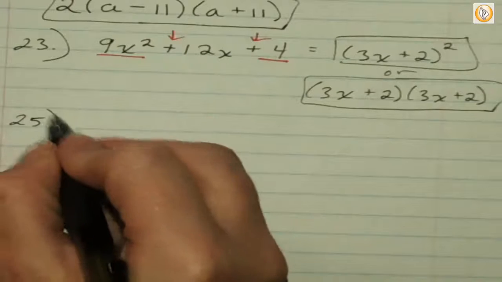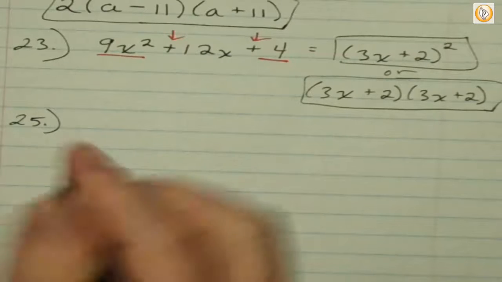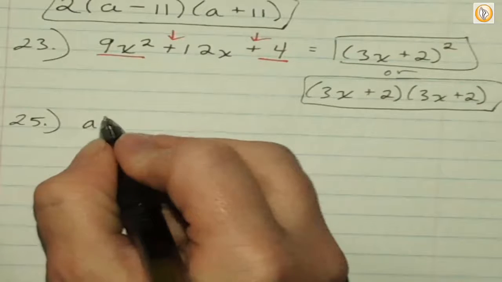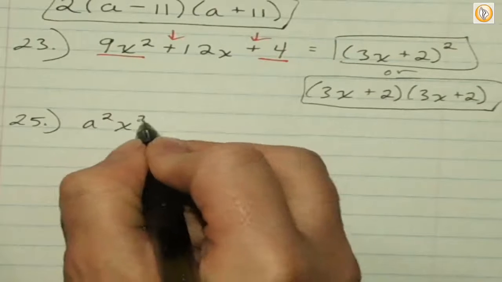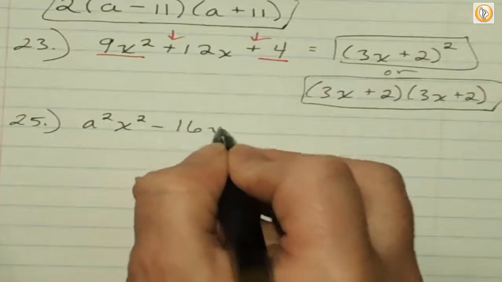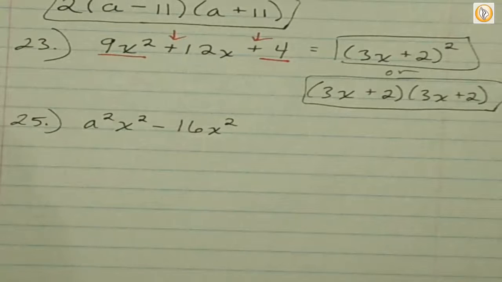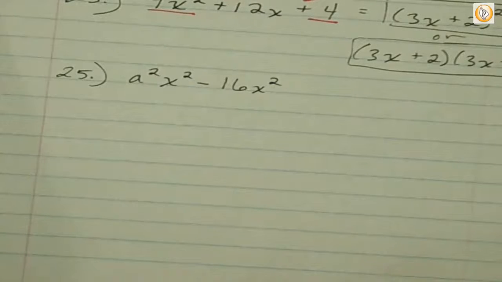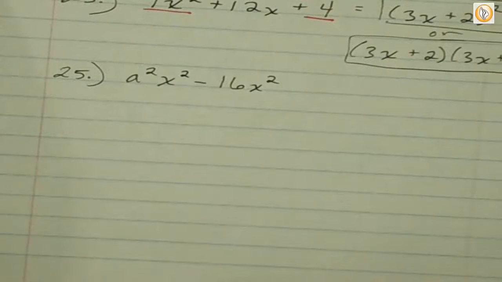25. Save the best for you. Oh, looky here. A squared x squared minus 16x squared. Technically, they can all be square rooted. Well, technically, is there anything you can take out?